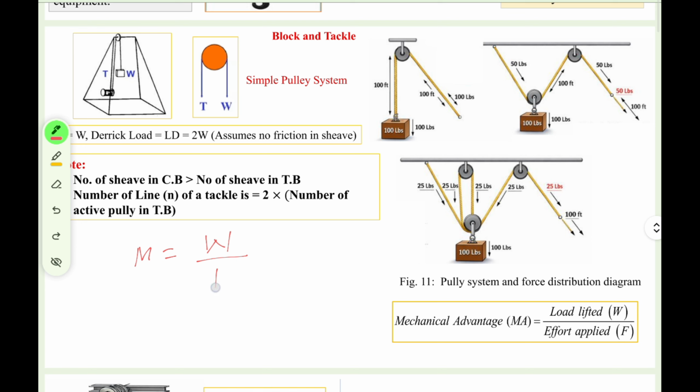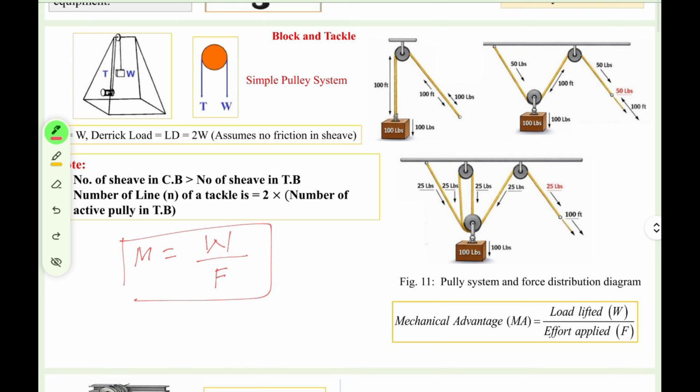The basic meaning of mechanical advantage is applying a minimum force to lift a maximum weight. This is the best way to understand it.